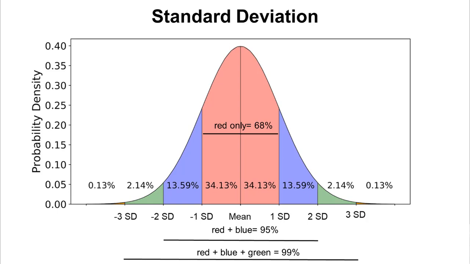Moving on to red plus blue, you know that within two standard deviations, 95% of the entire data set falls in plus or minus two standard deviations away from the mean. And finally, 3 standard deviations plus or minus from the mean encompass 99% of the total population.